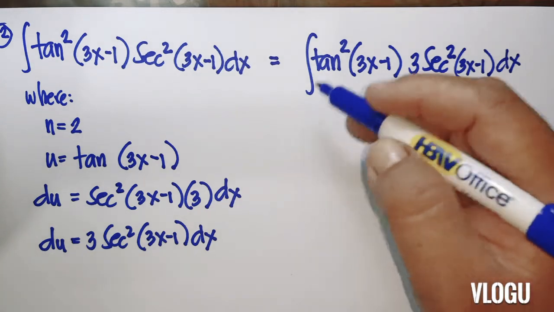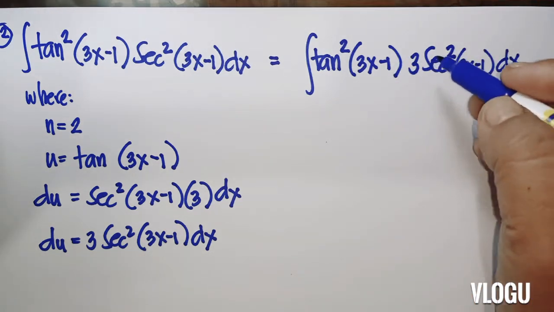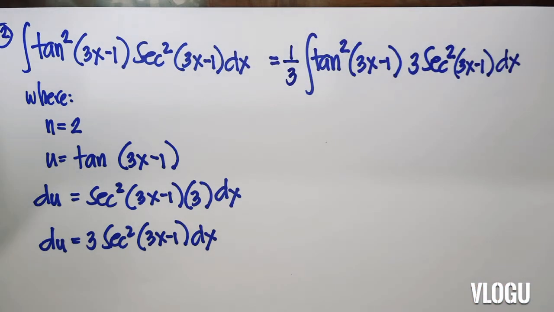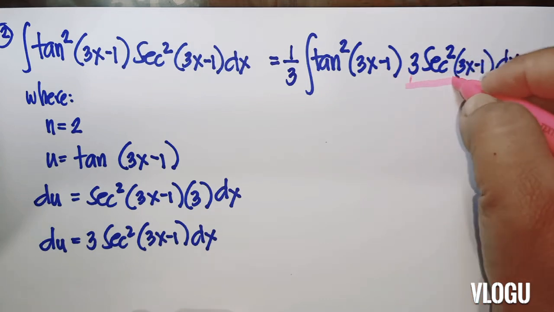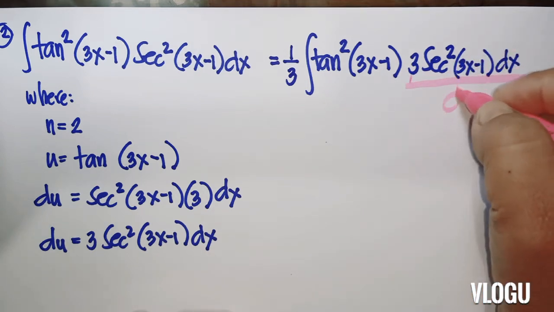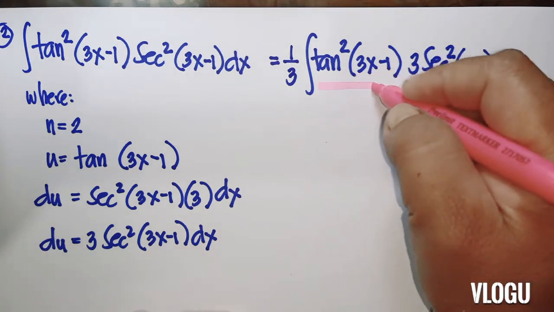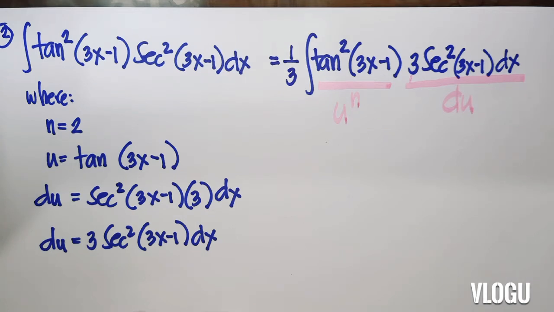So therefore, we have 3 here, so we are going to multiply by 1/3. If you examine this one, this one is our du, and this one is our u to the n. So that is now a complete form.